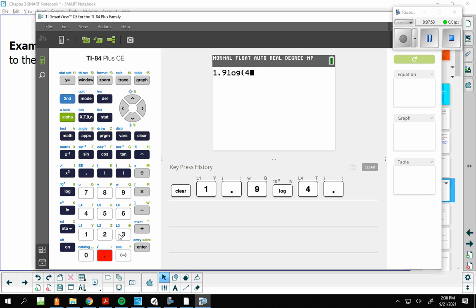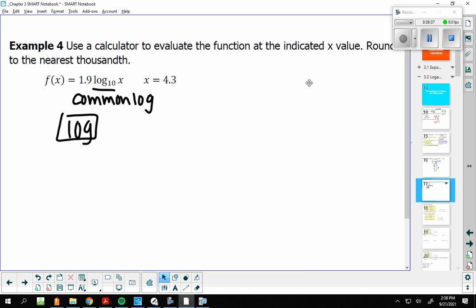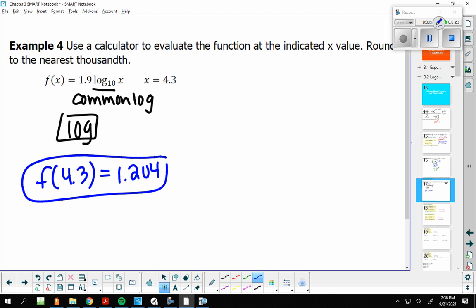And then of 4.3. So nearest 1,000 would be 1.204. I just wrote it in function notation, but you could just write 1.204, and that would be fine.